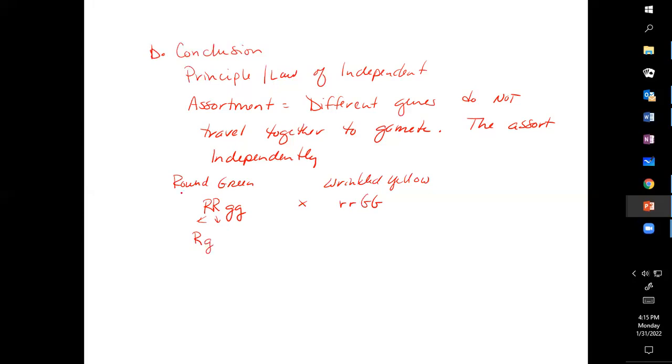So in this case, for the parental generation, 100% of the gametes are going to get a big R and a little g, because these can't travel together. These are alleles of the same gene. They can't travel together, they separate. That's the first law. The second law we're going to illustrate here in a second. For these ones, these also separate.